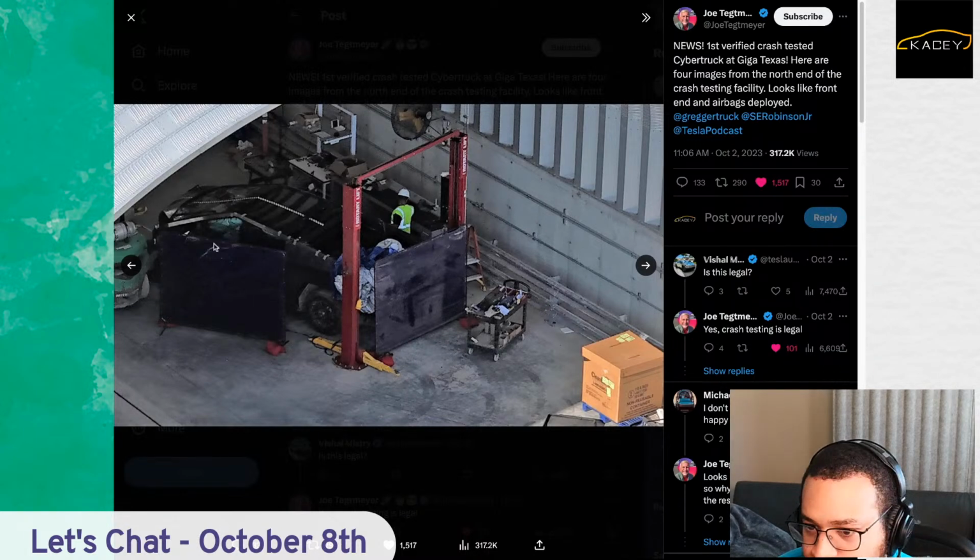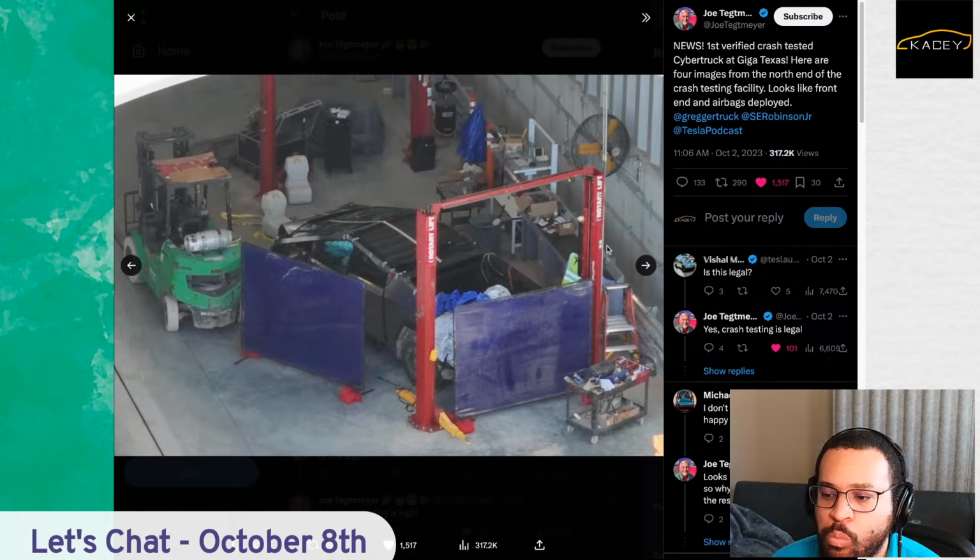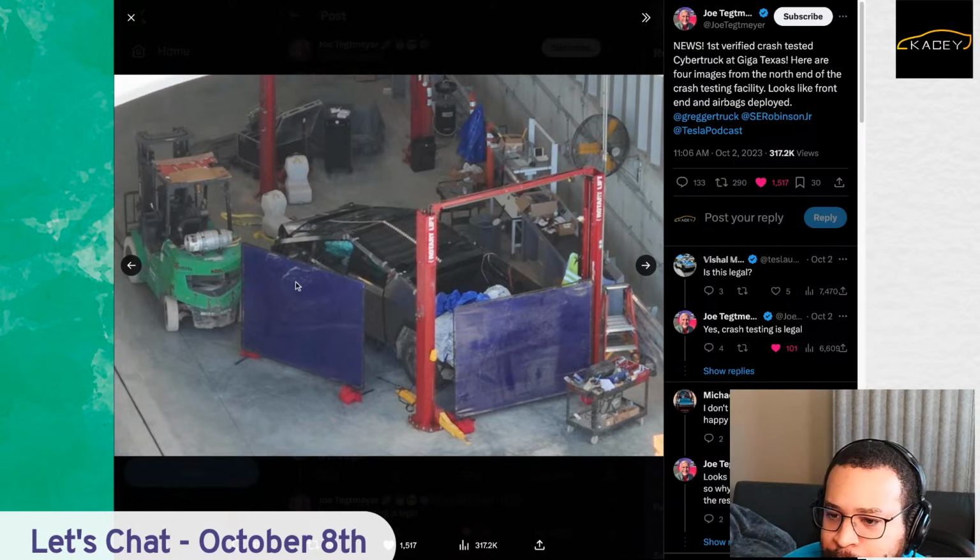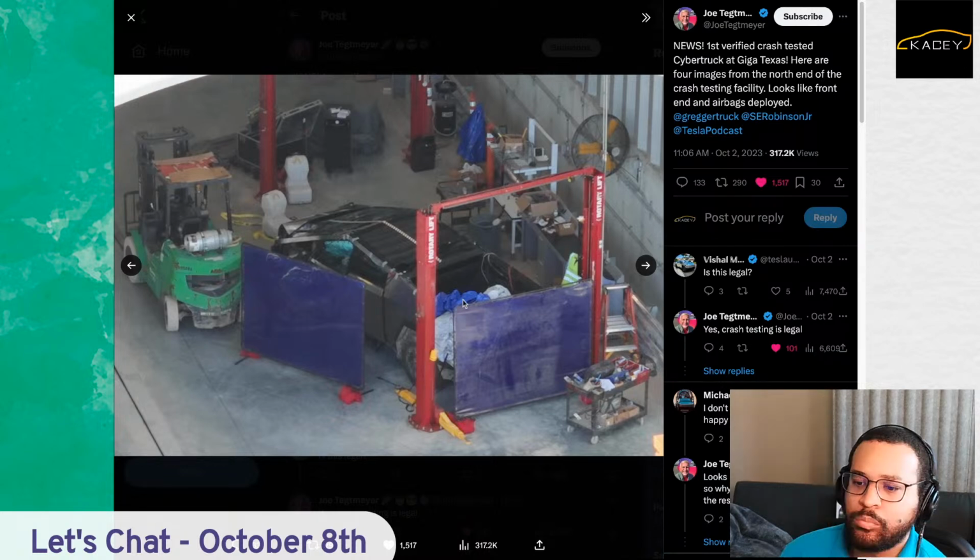Yeah, that windshield is definitely busted, probably from the airbag. So it's sort of tarps covering in the vault there.